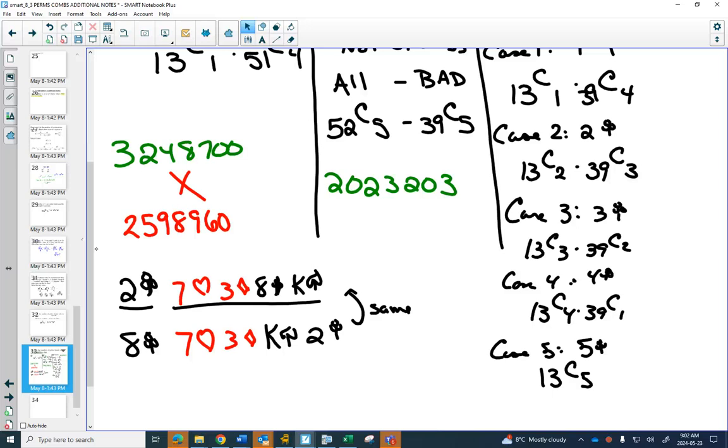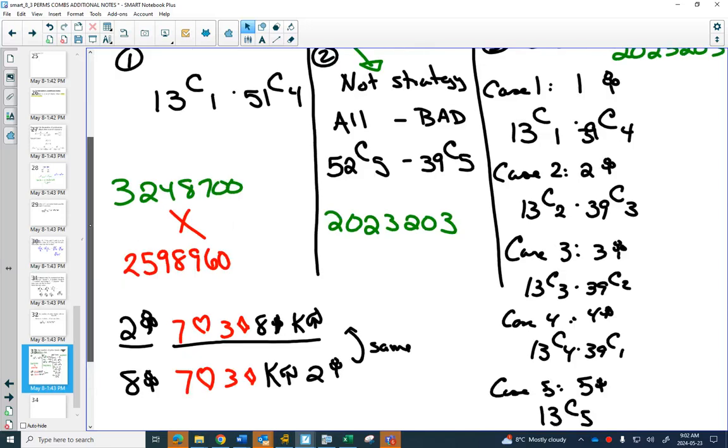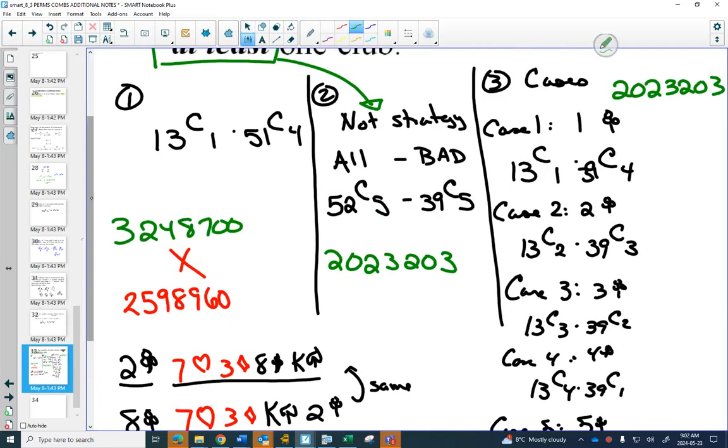I convinced you that this was a good strategy. The problem is that if you are using decisions with combinations, there can be no overlap. And here I'm picking clubs, and here I have a chance to pick clubs again, which creates a mini order, right?